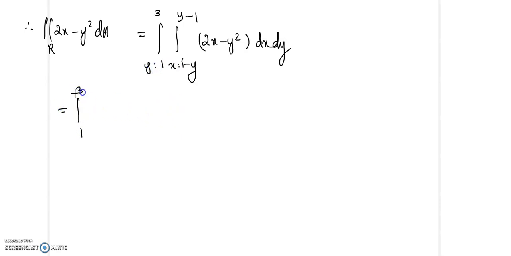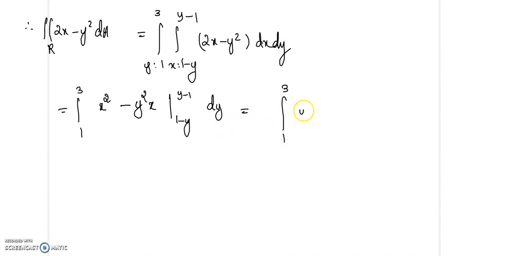So we get integral 1 to 3. So first integrate with respect to x. So we'll get x square, 2x into integral x square varum, minus y square is considered as constant, so integral will be x. So it varies from 1 minus y to y minus 1 dy. Now applying the limits, we will get y minus 1 whole square minus 1 minus y whole square minus y square into y minus 1 minus 1 minus y dy.